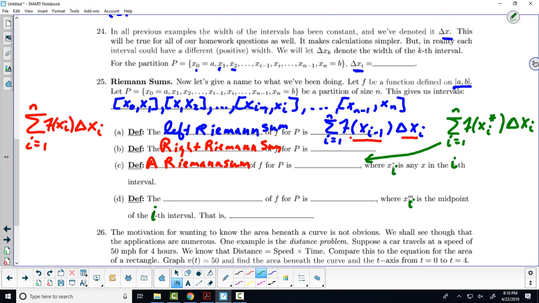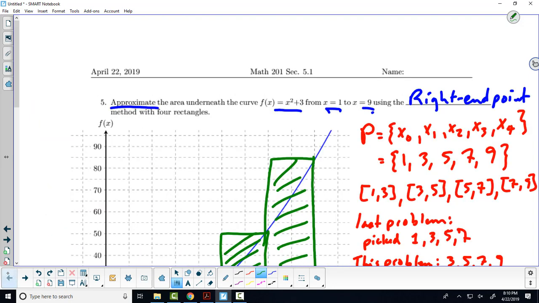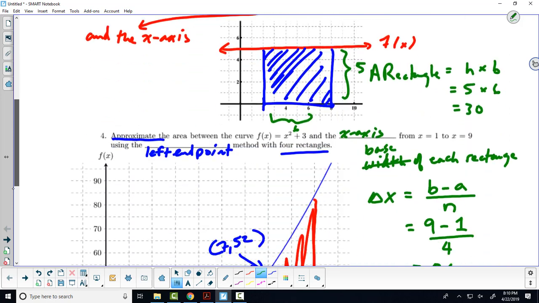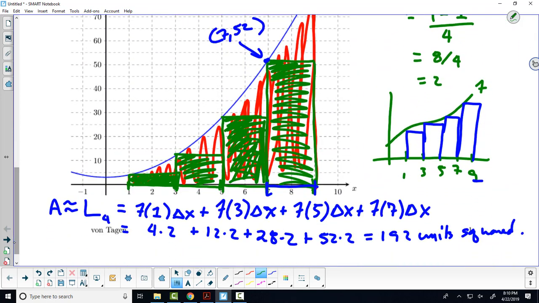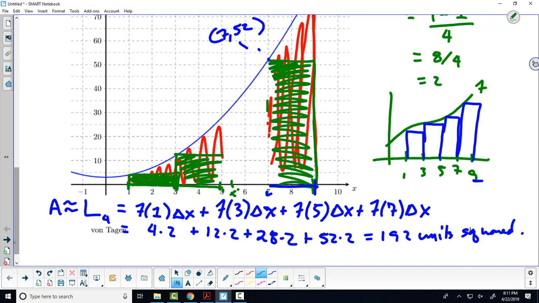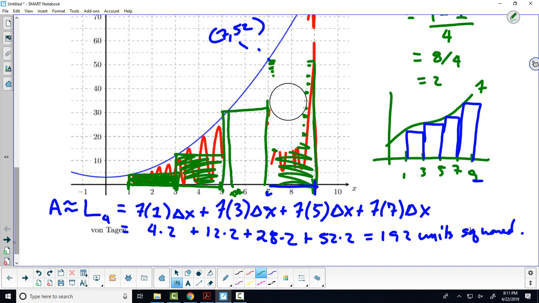Okay. So if you go back to our very first example, I know it's been a little while, if you remember when I was drawing these rectangles, I said we could just pick any old x star value from in there, and we could still do the exact same thing. And then for this rectangle over here, we could take a completely different x star value.